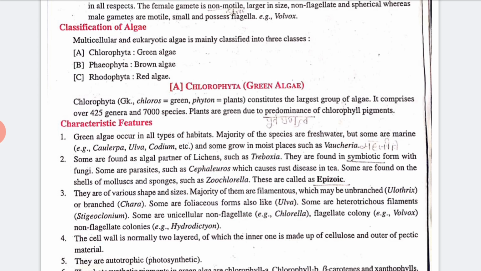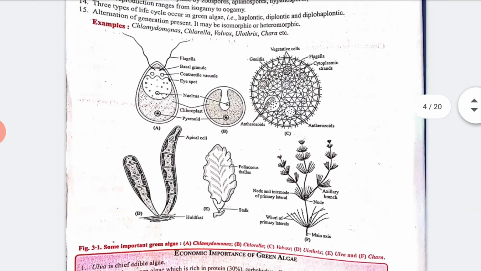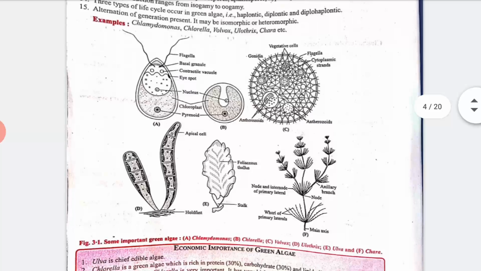The green color is due to the predominance of chlorophyll over carotenoids, and the food reserve is starch. Now I'll show you some pictures of green algae. See, dear students, here some examples and pictures of different green algae are given. Clear?